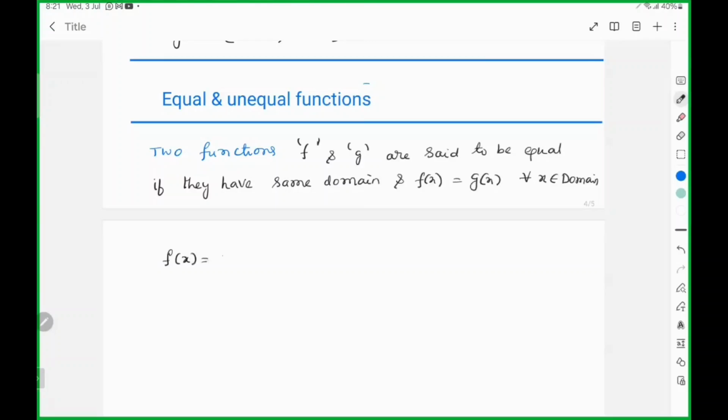Suppose I define f(x) as this, R means real numbers. g(x) here is x square.